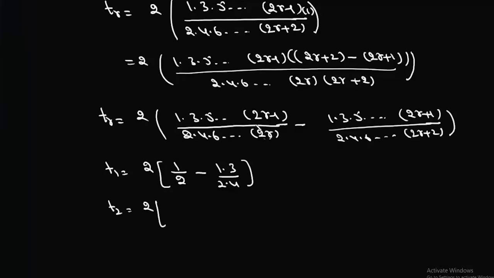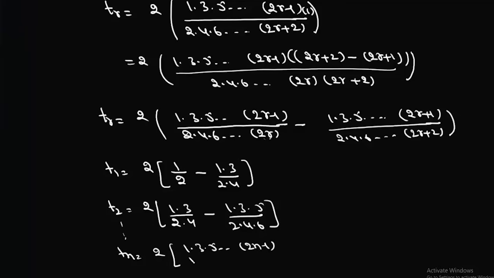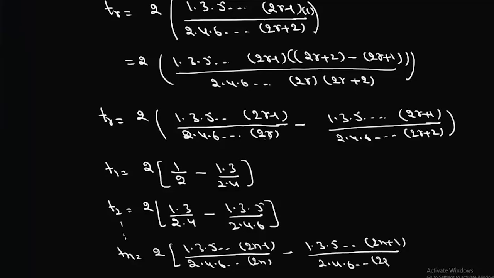Now this is 1, 3, and this is from 2 to 4, minus 1, 3, 5, 2, 4, 6, and it will continue like this, and the nth term will be 2, and this is 1, 3, 5, 2n minus 1 upon 2, 4, 6, 2n, minus 1, 3, 5, 2n plus 1 upon 2, 4, 6, 2n plus 2.